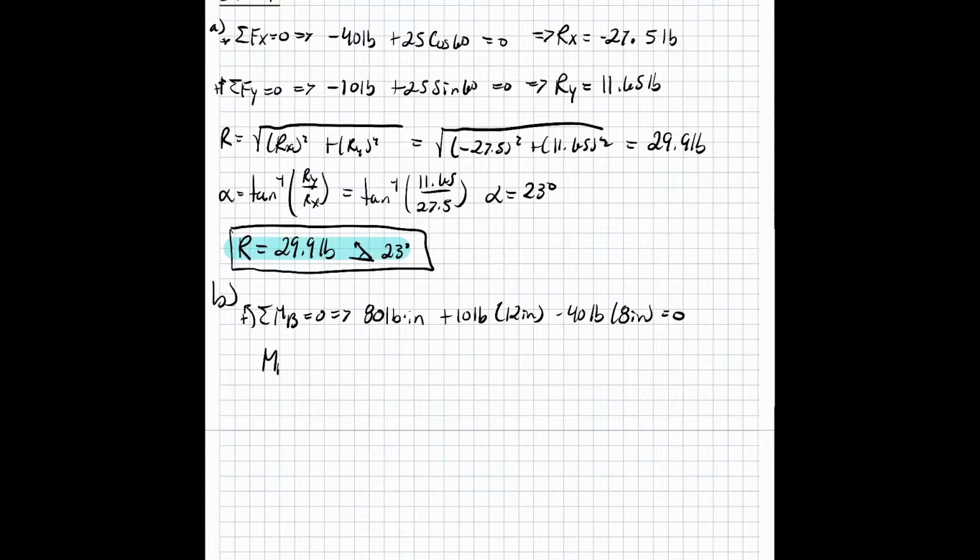This solves for the moment about B to be negative 120 pound-inches. That's not something we need to actually solve for. They didn't ask for it, but we need that value.